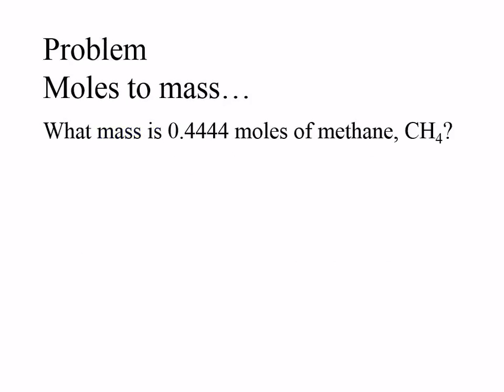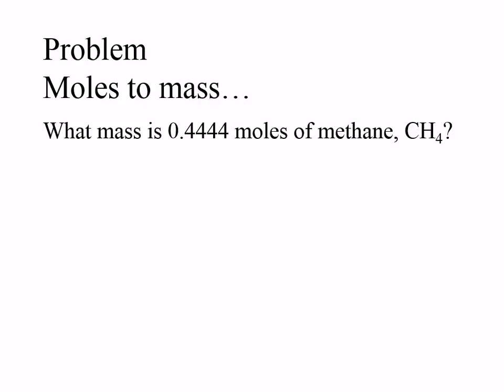So let's do one more problem. That was a mass to moles, this is a moles to mass problem. So we're dealing with methane again. We need to knock out in the margins what the molar mass of methane is.